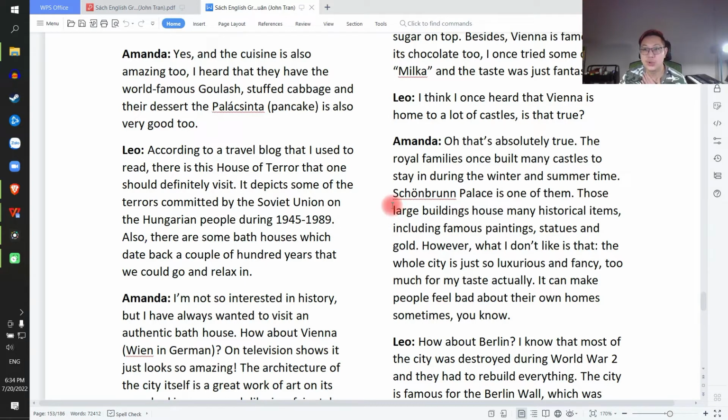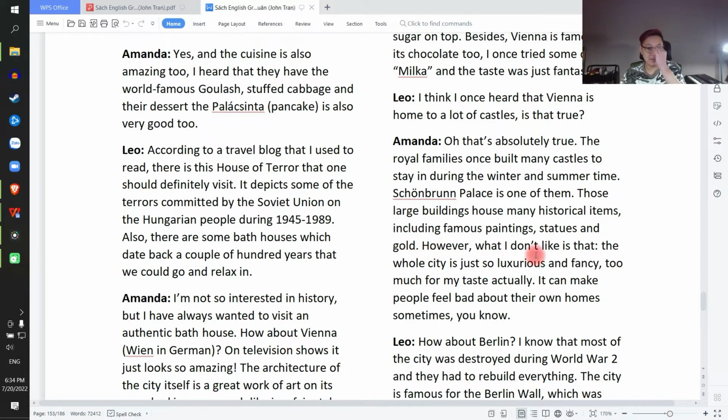Schönbrunn Palace is one of them. Those large buildings house many historical items, including famous paintings, statues, and gold.